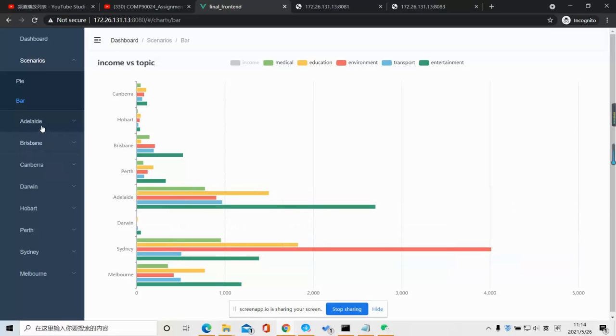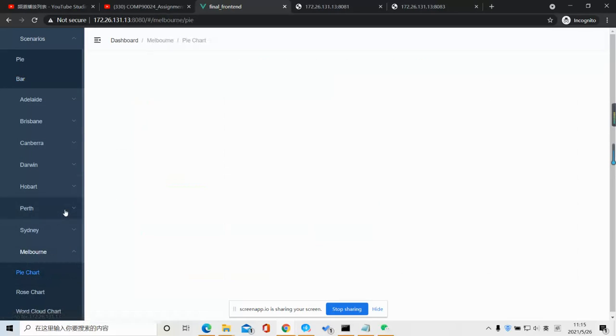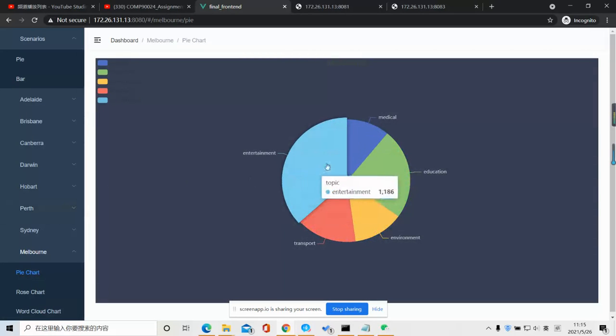Here we provide these 8 cities, each of them having 3 types of charts. Let's take Melbourne as an example. Here we display the pie chart for Melbourne of different topic discussions.